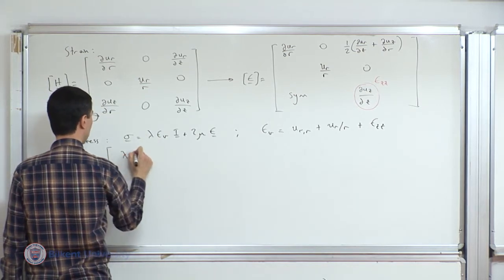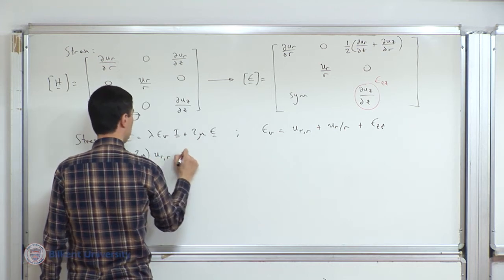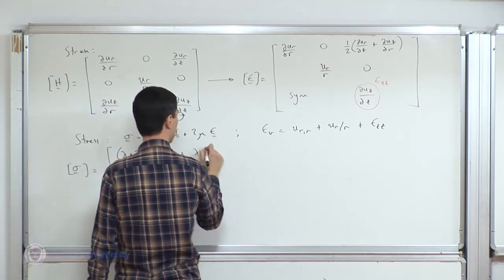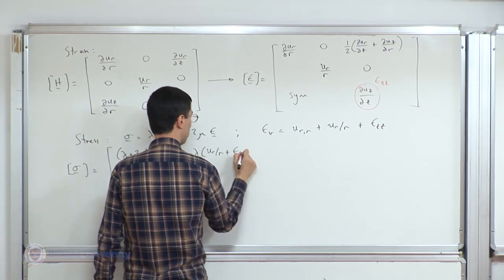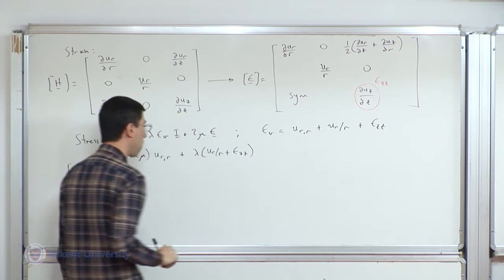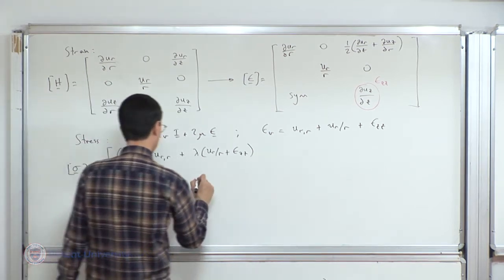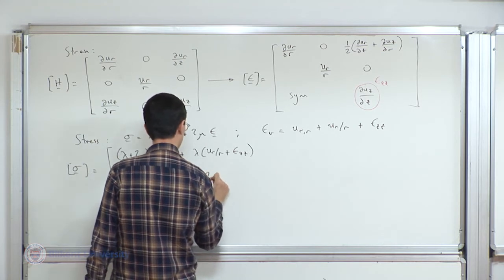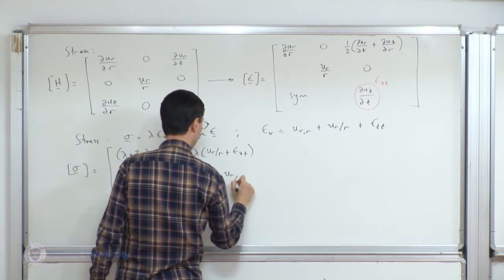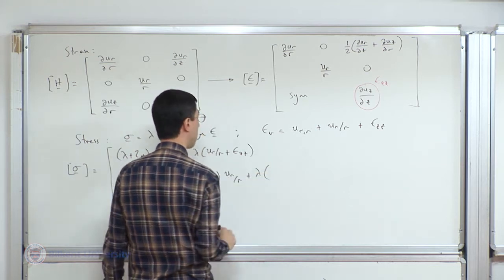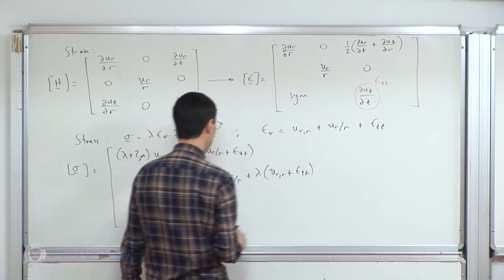So sigma rr is lambda plus 2 mu ur comma r plus lambda multiplying the remaining parts, ur over r plus epsilon zz. And then sigma theta theta is lambda plus 2 mu times ur over r plus lambda times ur comma r plus epsilon zz.